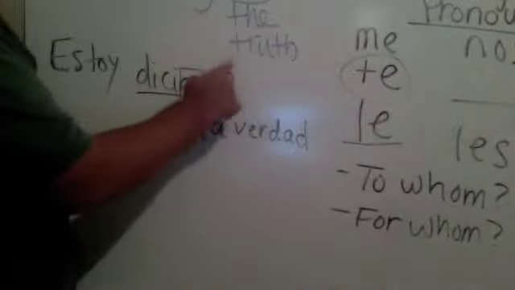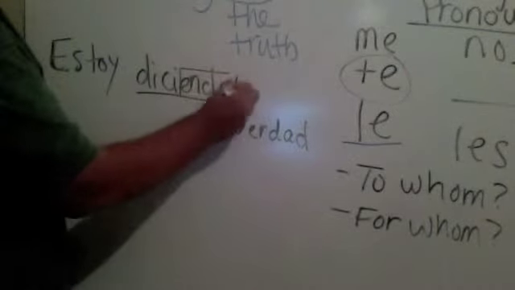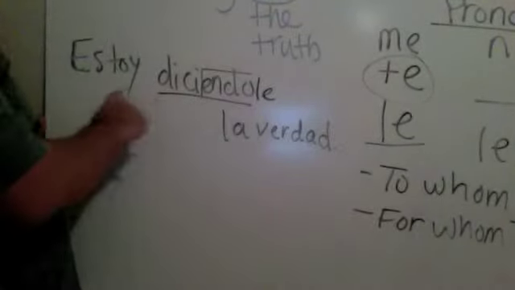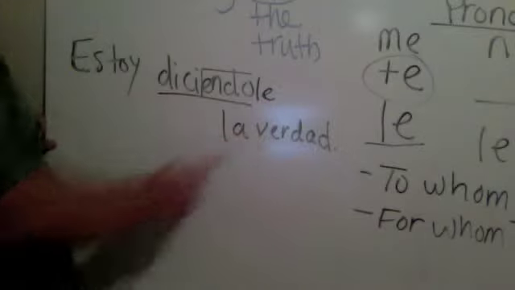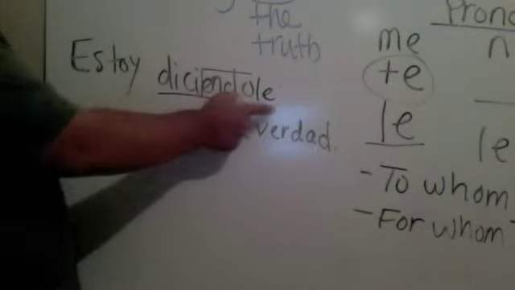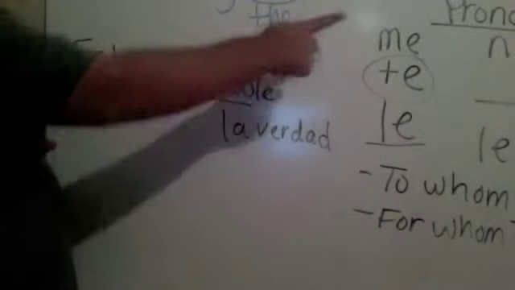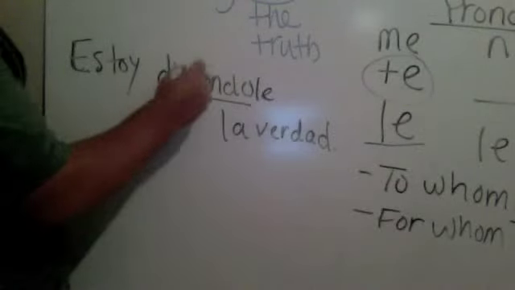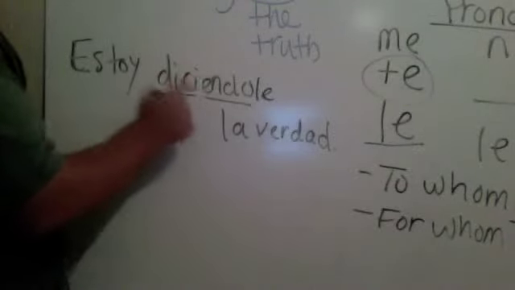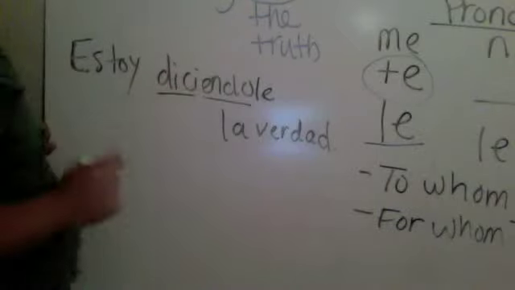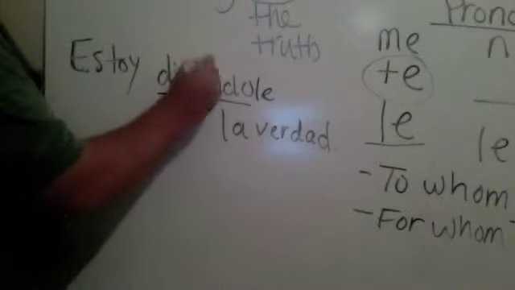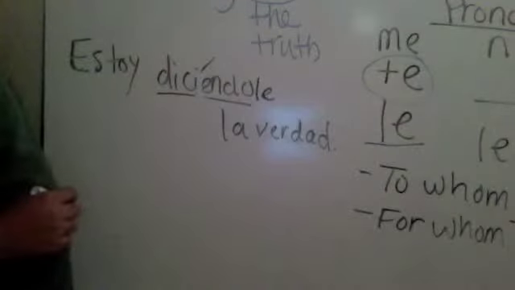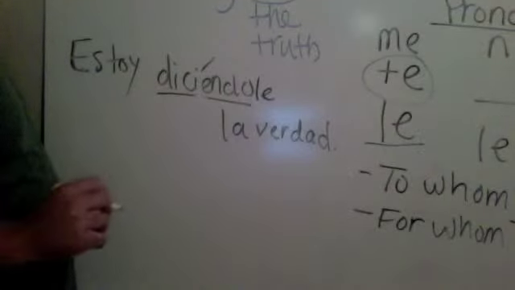Okay, so let's attach le to the end of this. Estoy diciéndole la verdad. Now, whenever you attach a pronoun to ando, yendo, you have to include an accent. It's over the A in ando or the E in yendo. Here's our E in yendo. There's your accent. Diciéndole la verdad.